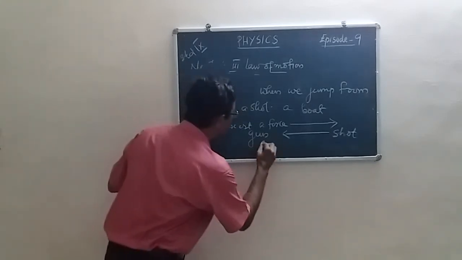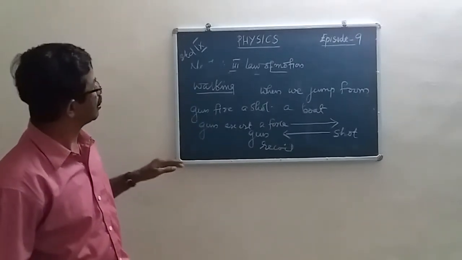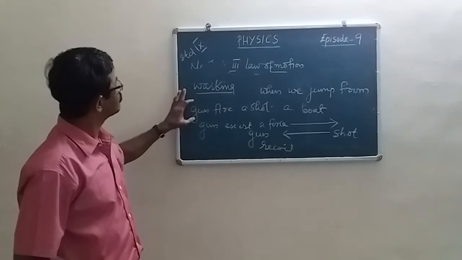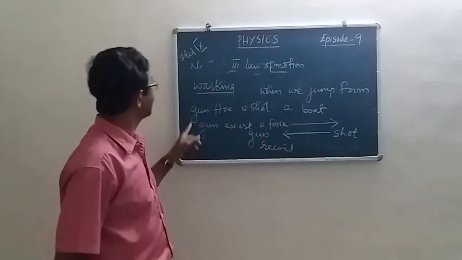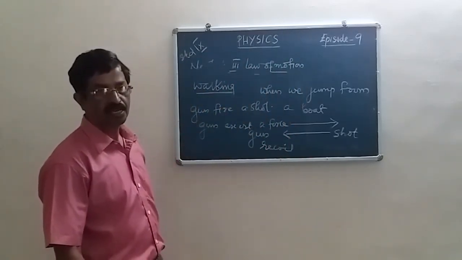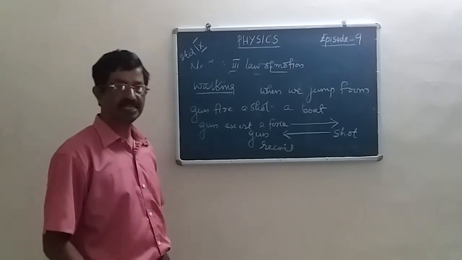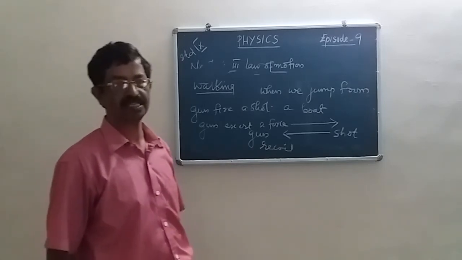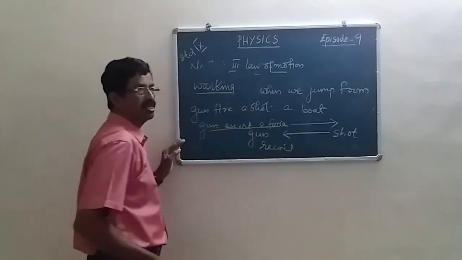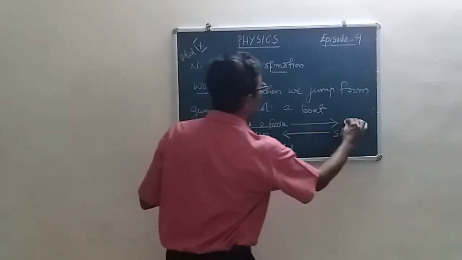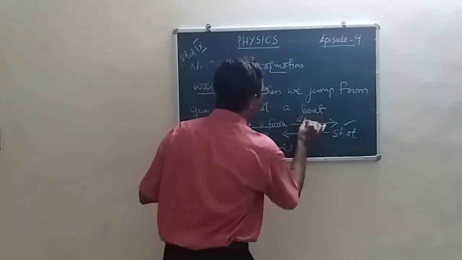That is called recoil. What is it called? Recoil. Now, when we fire a shot from a gun, what is the action and what is the reaction? The gun exerts a force on the shot, that we can take as action.